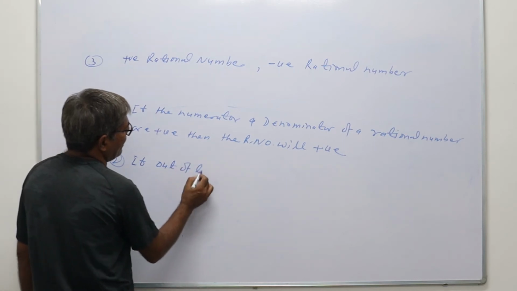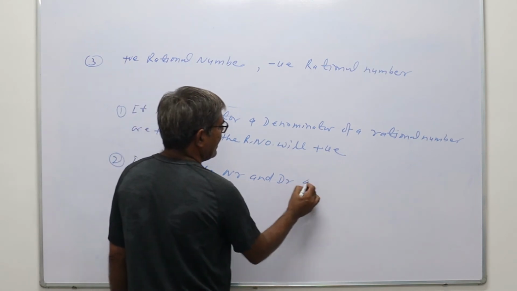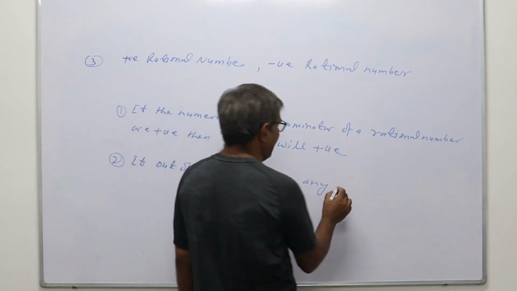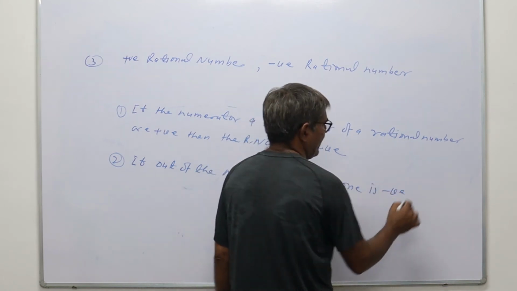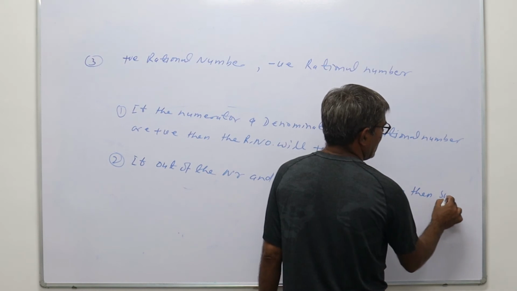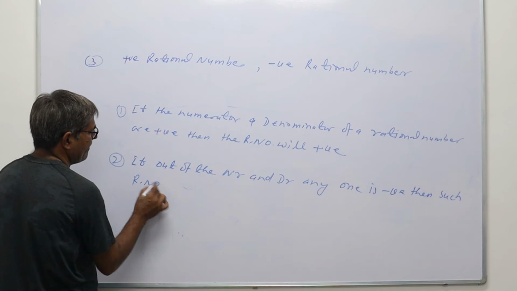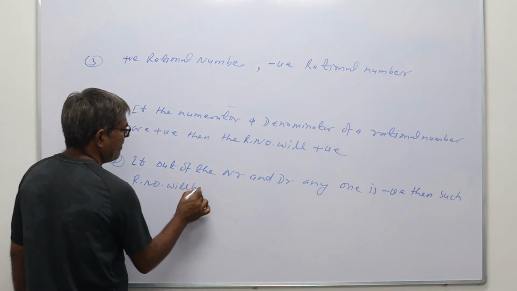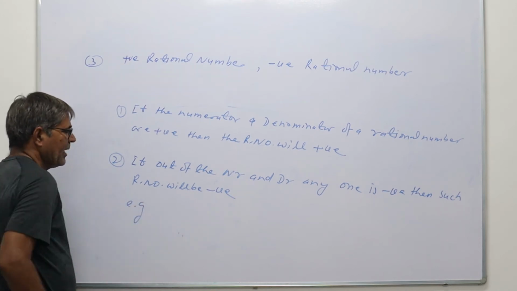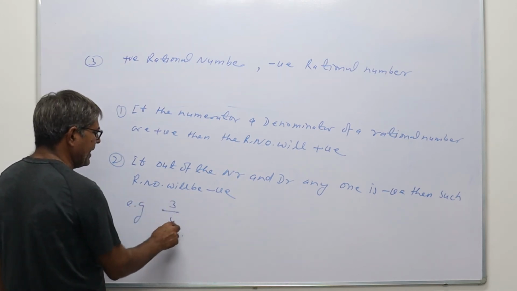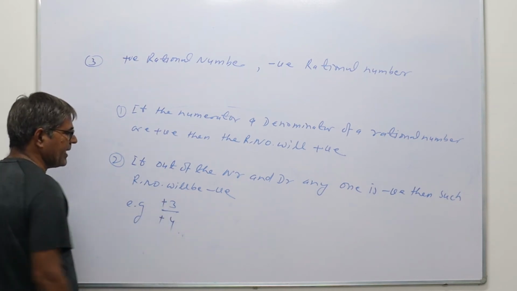Second, if out of numerator and denominator any one is negative, then such a rational number will be negative. For example, numerator is 3, denominator is 4. See, numerator is positive, denominator is also positive.